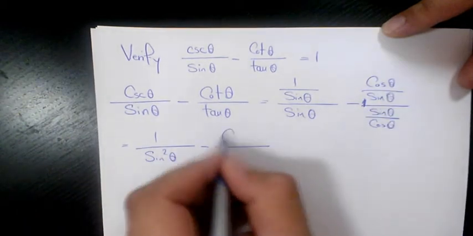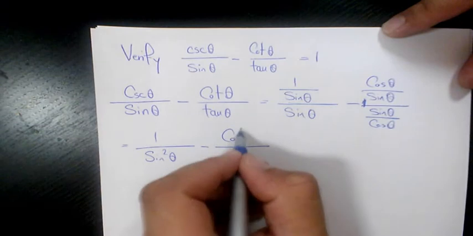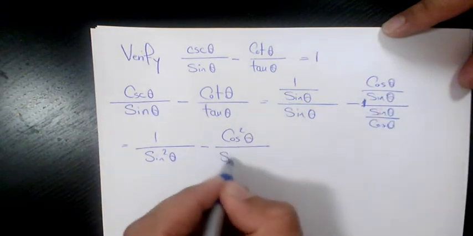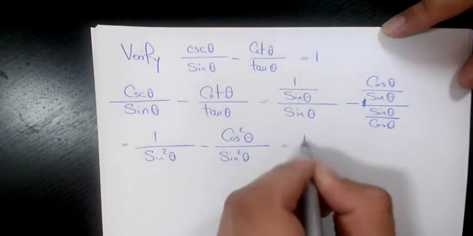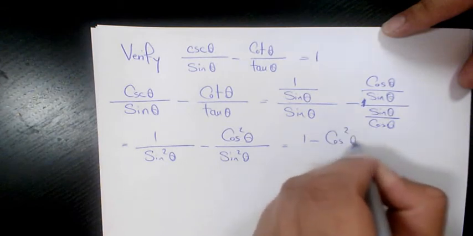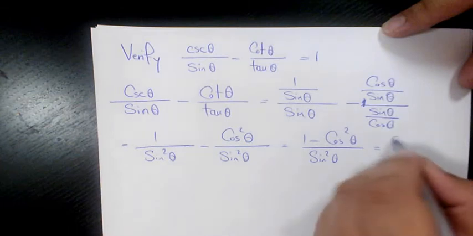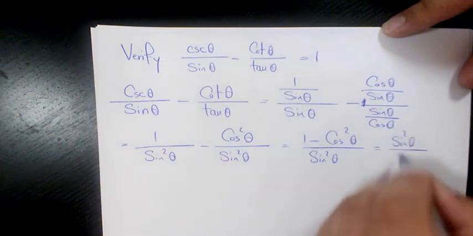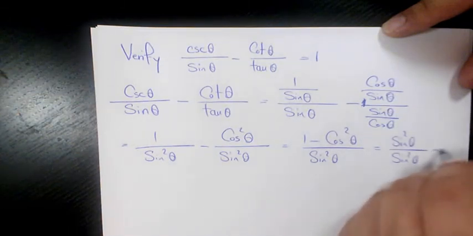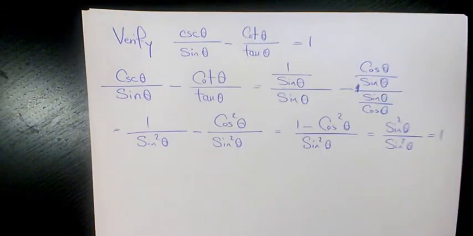And here we're going to have cosine times cosine, cosine squared divided by sine squared theta. So it's going to be 1 minus cosine squared theta over sine squared theta. That's going to be sine squared theta over sine squared theta, which will be equal to 1.